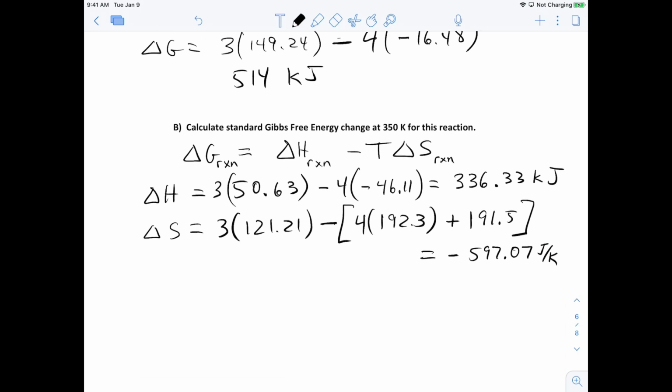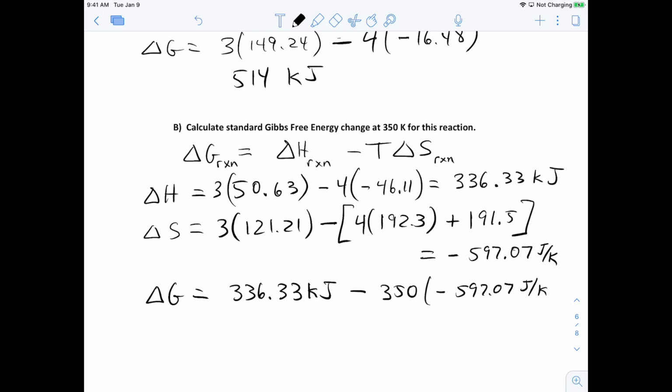So delta G is 336.33 kilojoules minus T, which is 350 Kelvin, times negative 597.07 joules per Kelvin.